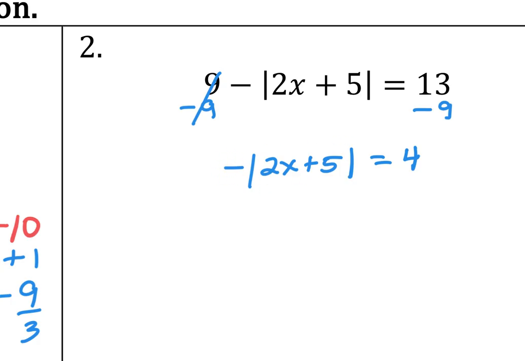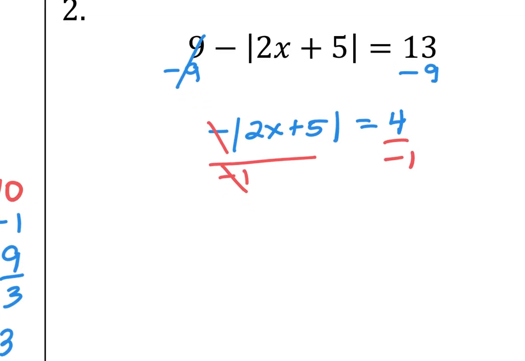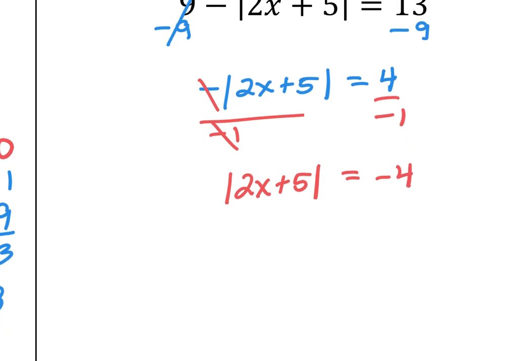This coefficient is like a -1. So to get rid of that, we're going to divide by a -1 so that it cancels out the negative sign. So that we have the absolute value of 2x plus 5 is equal to, when I do 4 divided by -1, I get -4.